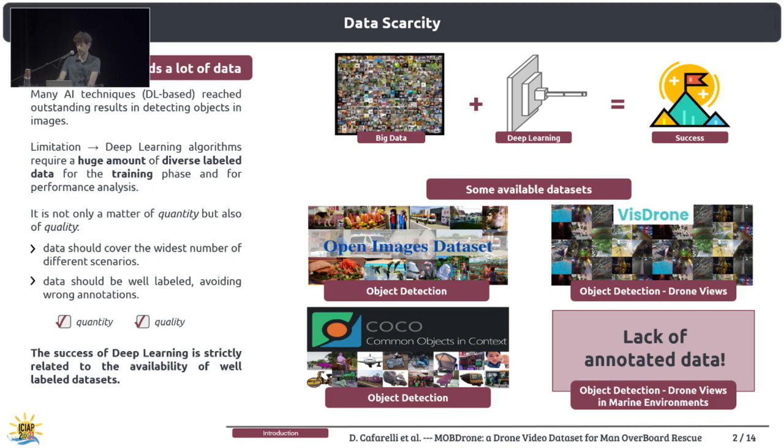And there are some publicly available datasets. For example, there is the Google Images dataset and the Microsoft COCO dataset for object detection. Or there is the VisDrone dataset for object detection in drone views. However, there is a lack of annotated data for object detection in drone views in marine environments.